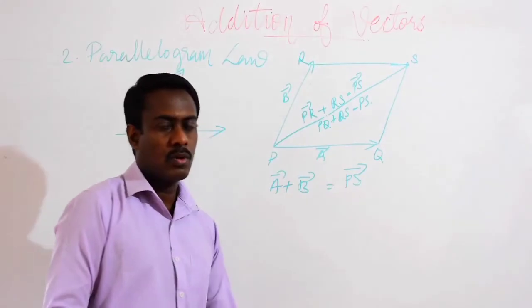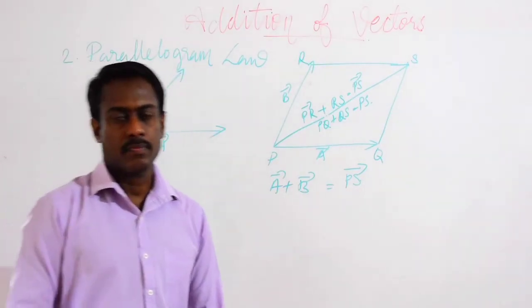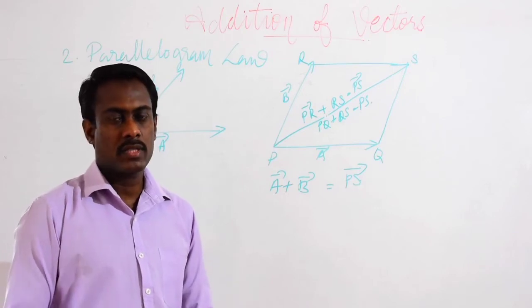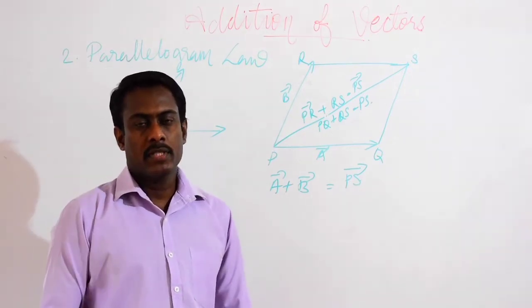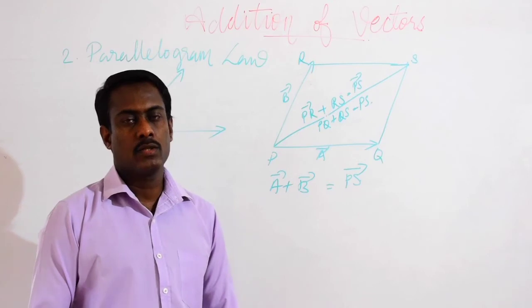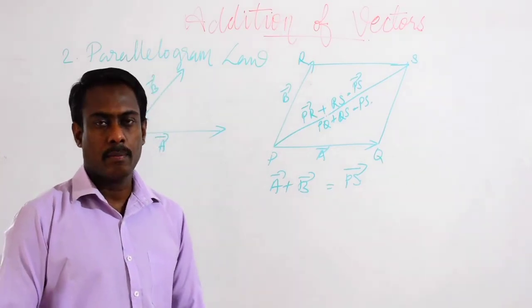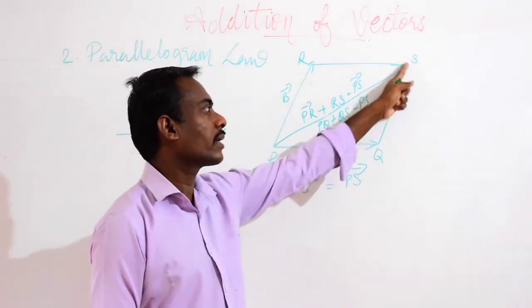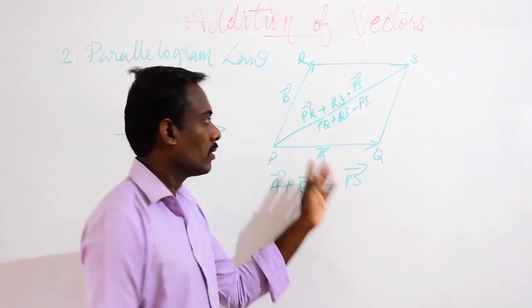The parallelogram law of vector addition states that if two vectors acting simultaneously at a point can be represented as the two adjacent sides of a parallelogram, the resultant vector is the diagonal of the parallelogram formed.